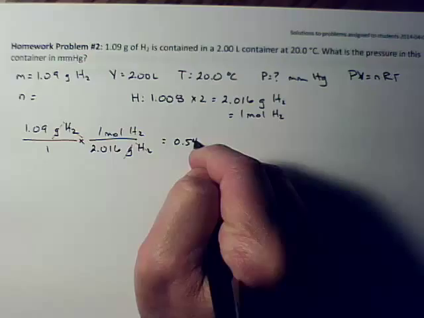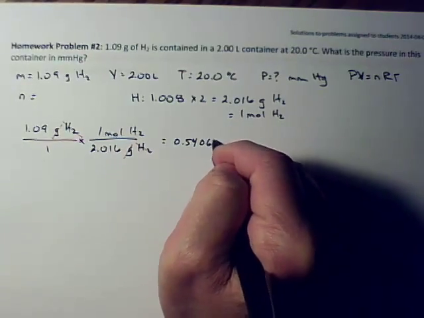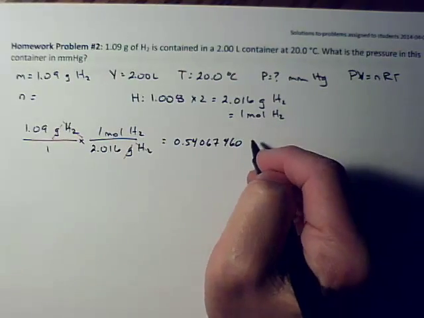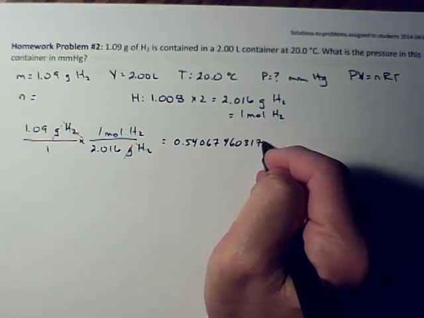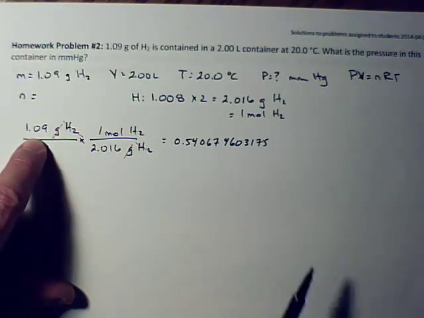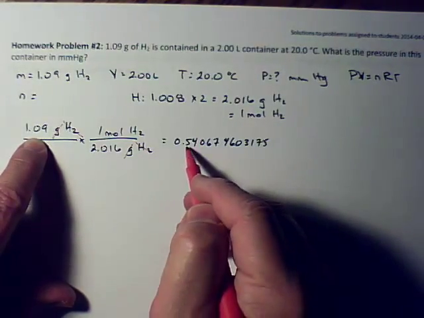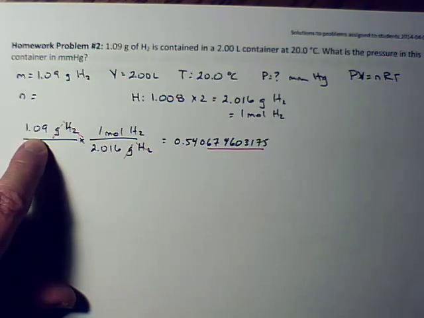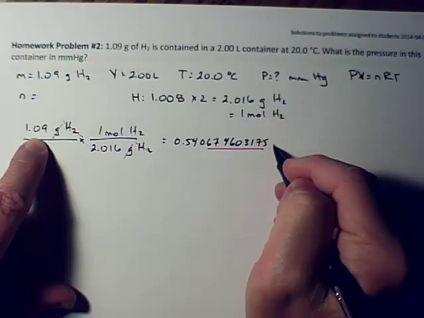0.54067460 3175. I've got 3 significant digits here, so I'm going to find 1, 2, 3 significant digits and underline everything else. This is moles of H2.